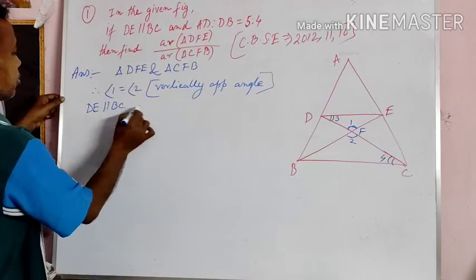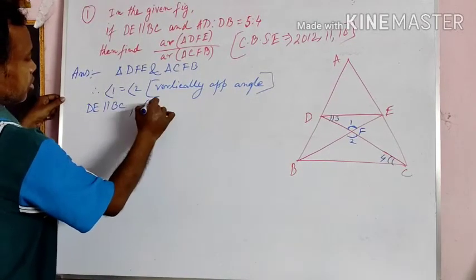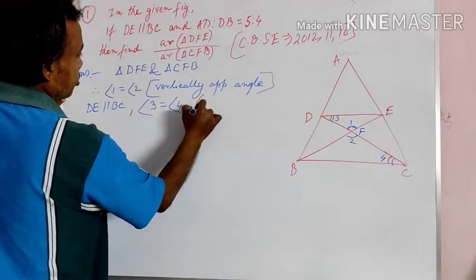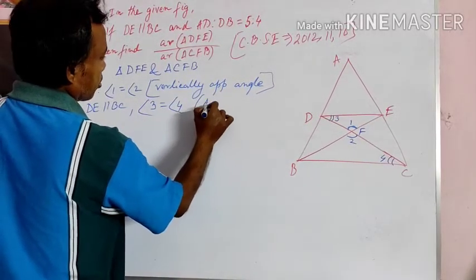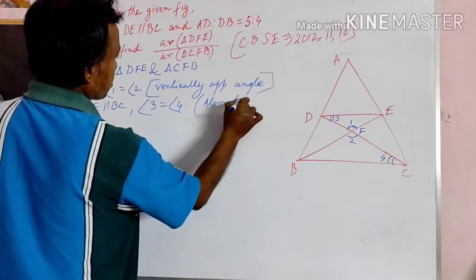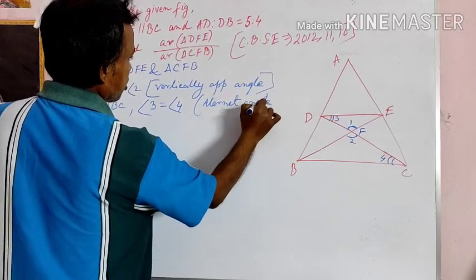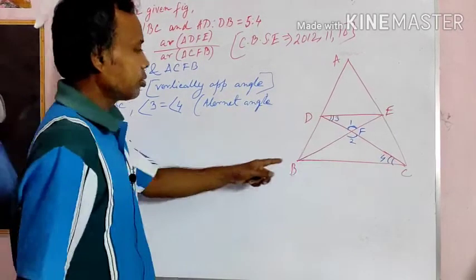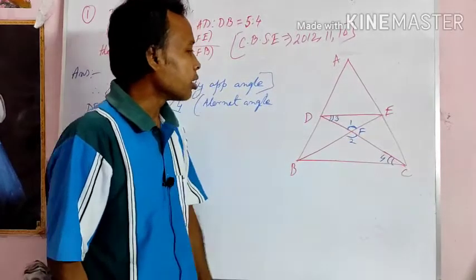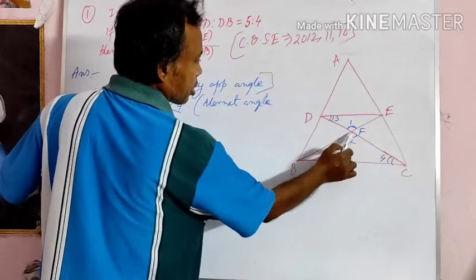Since DE is parallel to BC, therefore angle 3 is equal to angle 4 because they are alternate angles. Therefore, this angle is equal to this angle, this angle is equal to this angle.